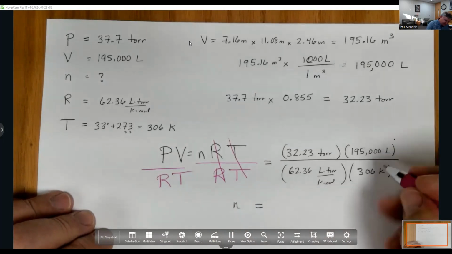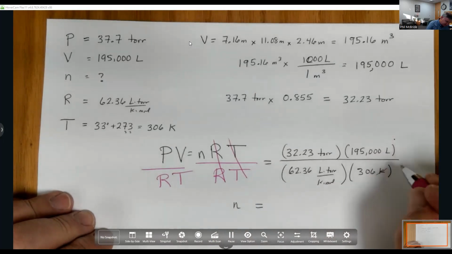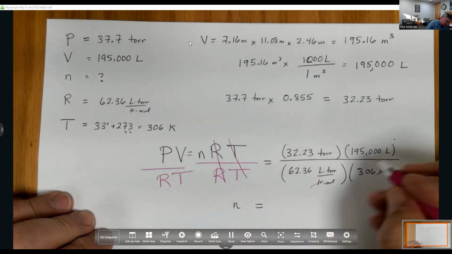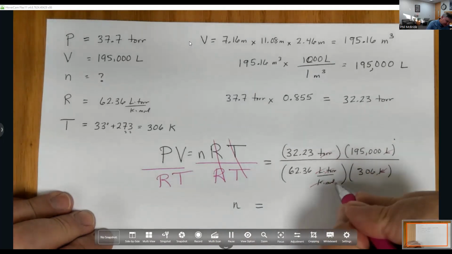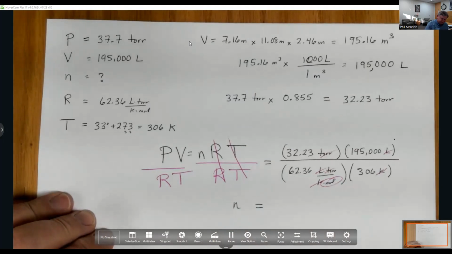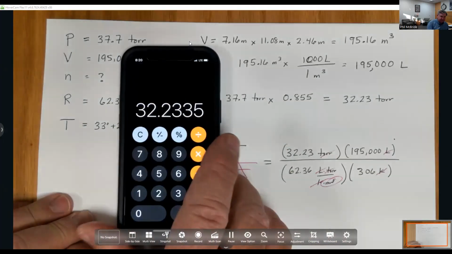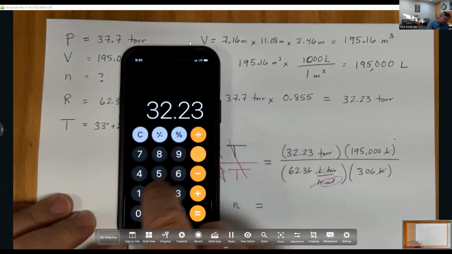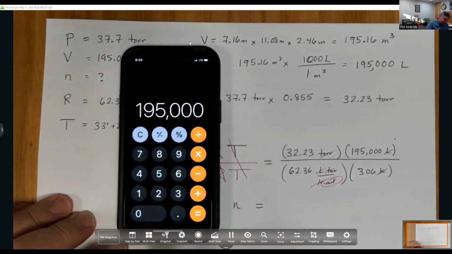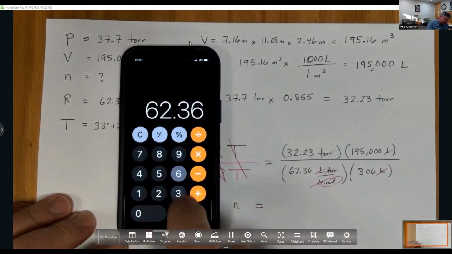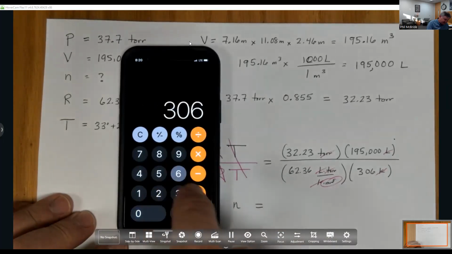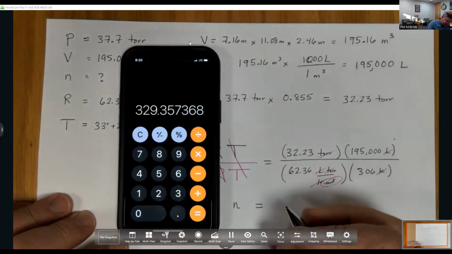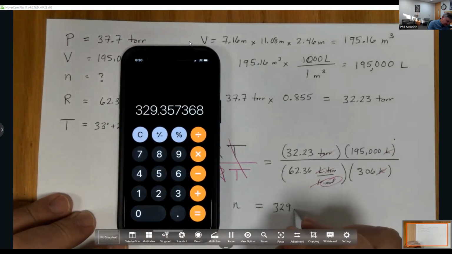And you notice our Kelvin cancels, liters cancel, torr cancel, leaving us with moles. So we have 32.23 times 195,000 divided by 62.36 divided by 306. Looks like it's 329 moles.